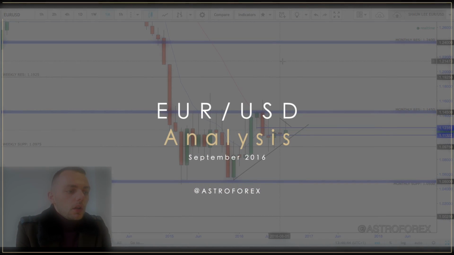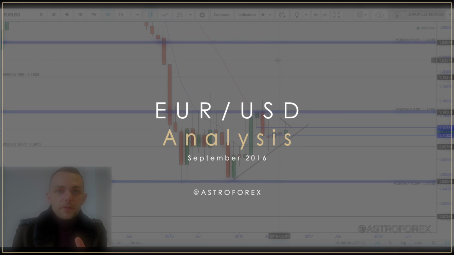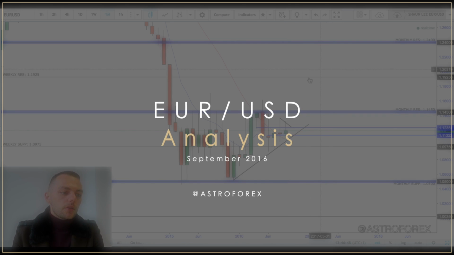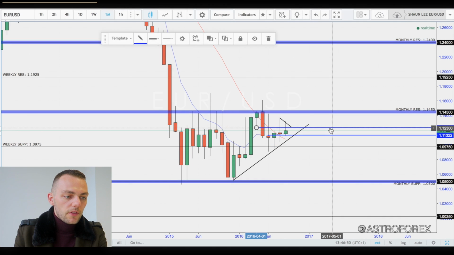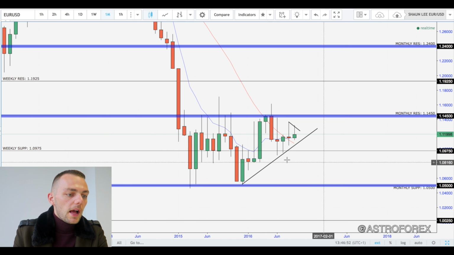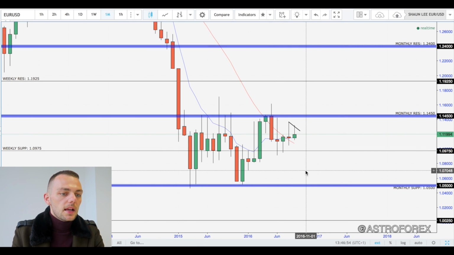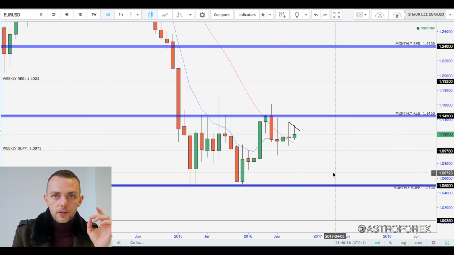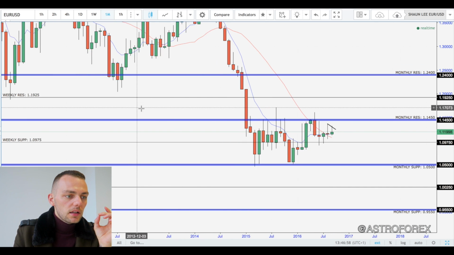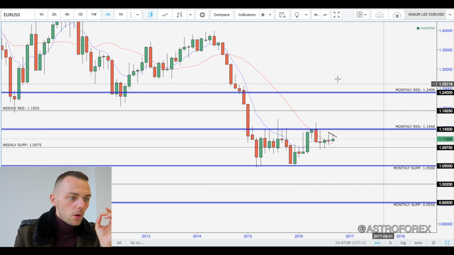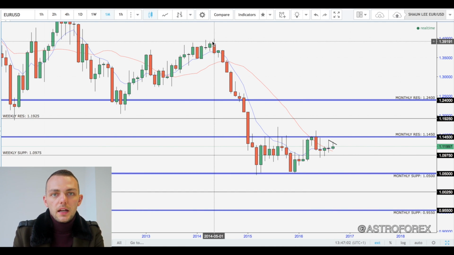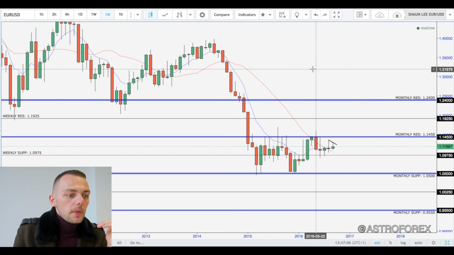So right here in front of us, we're going to start on the monthly time frame. Now, the monthly time frame on EURUSD, if I can just get rid of some of my key levels, what we can actually see is a huge area of consolidation. Recently, not too long ago, we had this huge fall and decline from the barrier of 1.4.